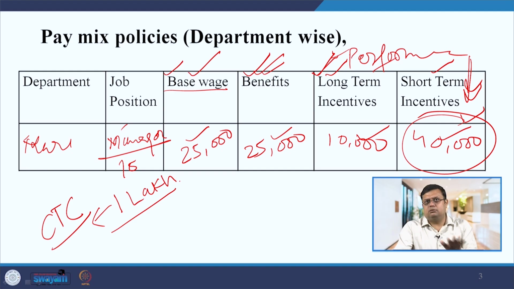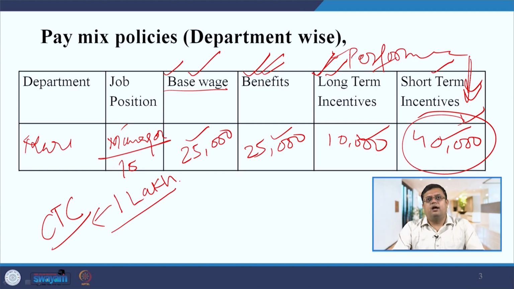I hope this much you would have learned when you learned about compensation. Each component of the salary gives a certain message to the employee. Now, which message you want to give to your employee, after doing this analysis, you can decide. So, how will you decide which message you should give? What is the mission and vision of your organization?